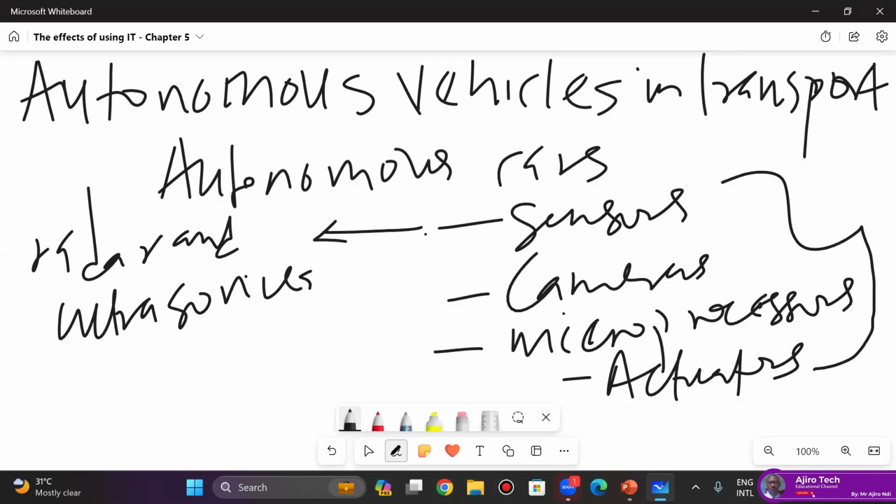Now, when you're driving your car and it's getting close to an object, what happens? It gives you a sound because it's able to sense the presence of an object. That is the ultrasonic. Something you see at A level when we are looking at Information Technology, with the course code 9626. I think I have a video on that on my YouTube channel. The ultrasonic under sensors is very, very important.